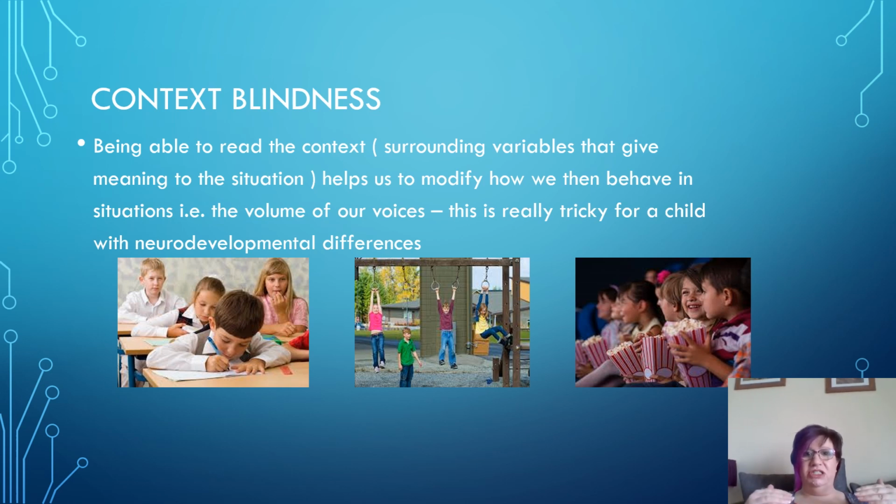So say, for instance, you're walking into a room and you want to talk to Johnny, but Johnny is already talking to Freddie, you can read that context and you could know that you might need to wait, but you're going to walk up to those people so that they become aware that you have something to say as well. That's being able to read a context, being able to read a situation and know what you've got to do within that situation to get your needs met.